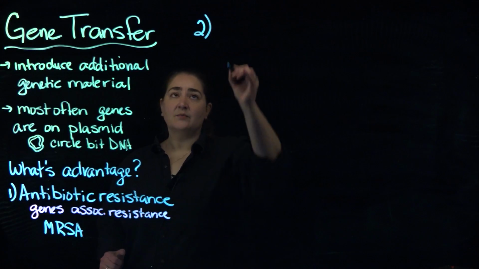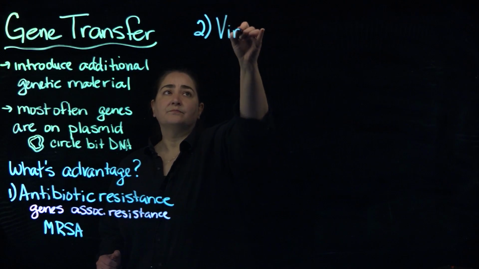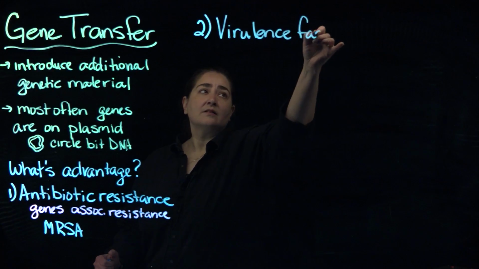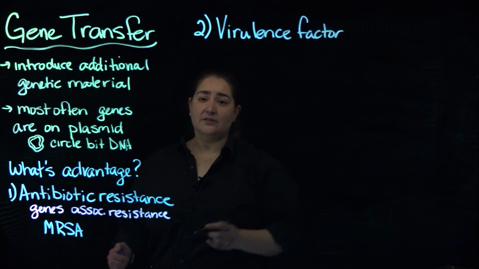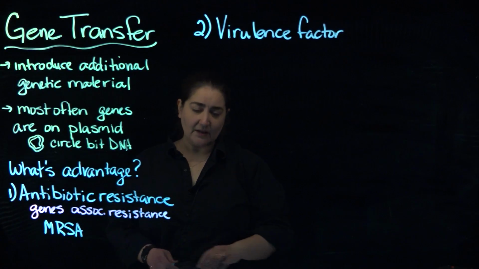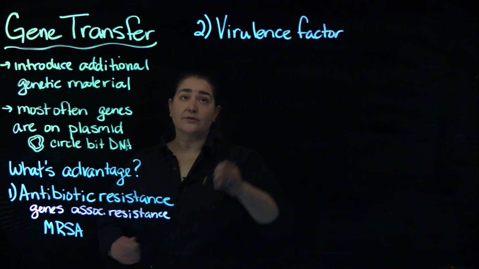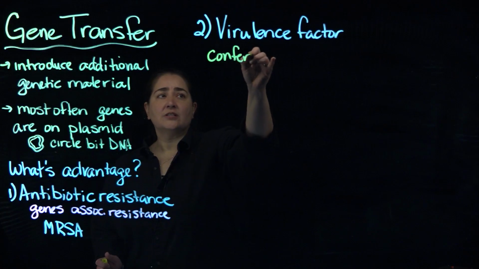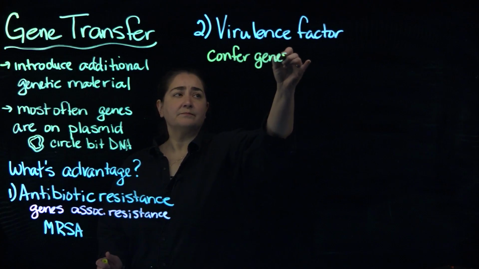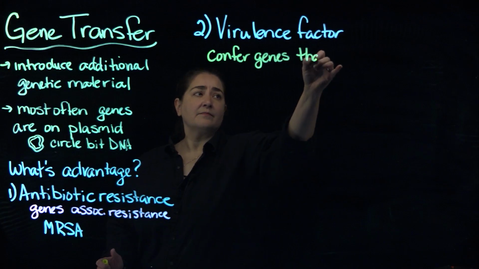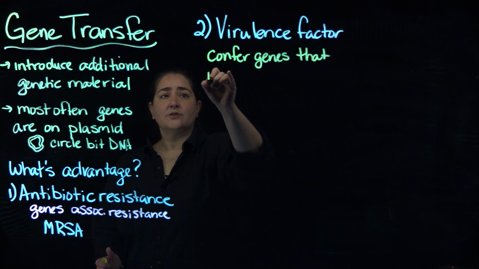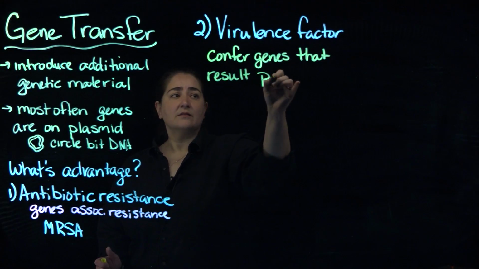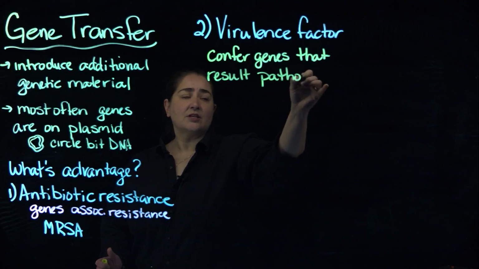Second thing that can be transferred are going to be virulence factors. All right? Those virulence factors are going to confer genes that are going to result in the bacteria being pathogenic.